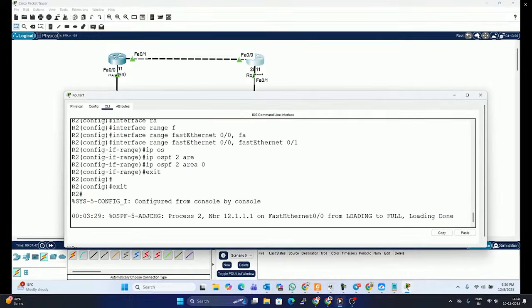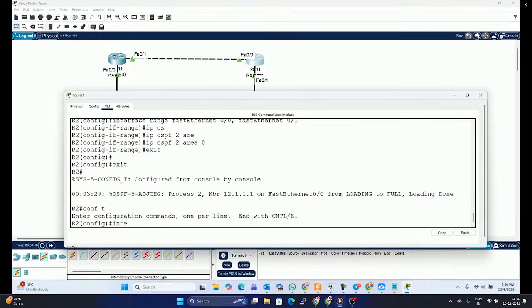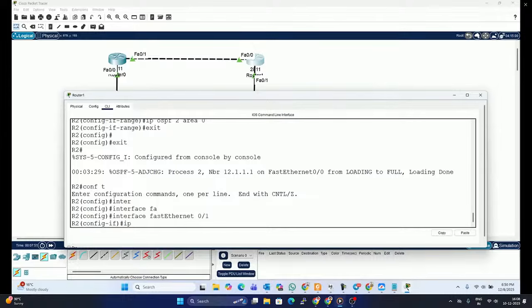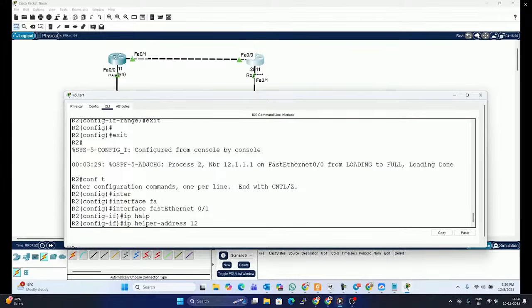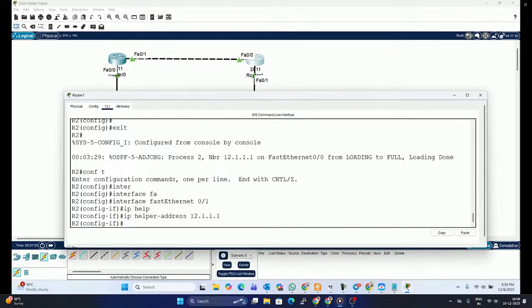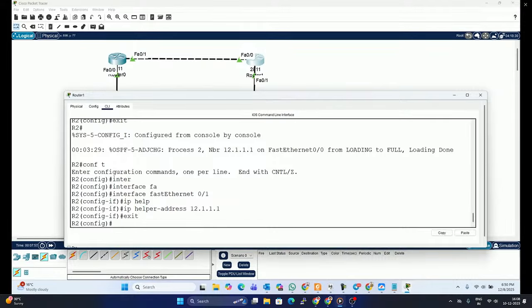So we'll go to this router, and on this interface F0/1 we'll say ip helper-address. Who can help us to get an IP address? 12.1.1.1. This router can help us to get an IP address.